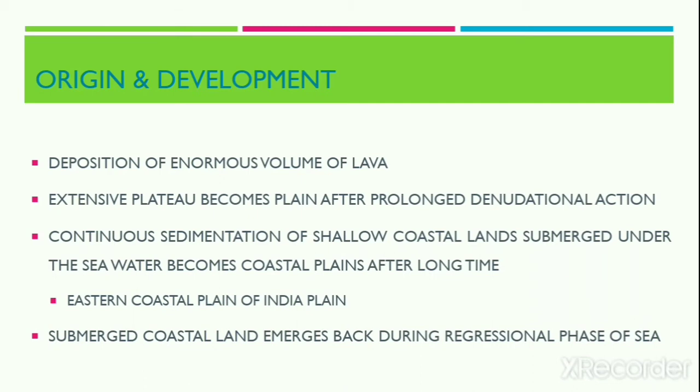You can take the example of the eastern coastal plains of India, particularly the Coromandel coast, as such type of plain formation. The submerged coastal lands emerge as marine coastal plains due to the withdrawal of seawater during the regressional phase of the sea, leading to the formation of coastal plains. Take the example of the Kutch region of India.